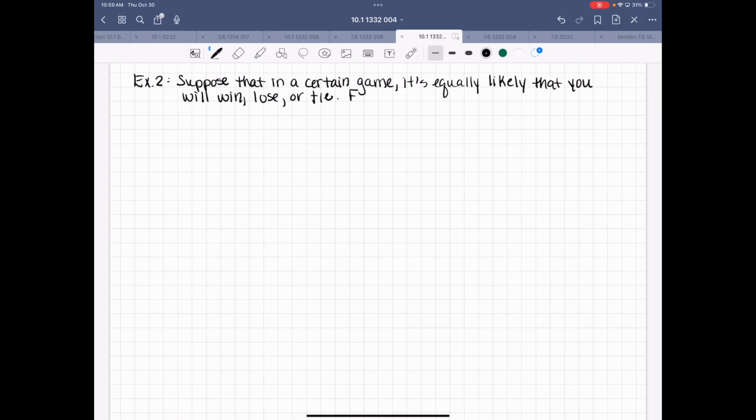We want to find the probability of A, losing twice in a row.